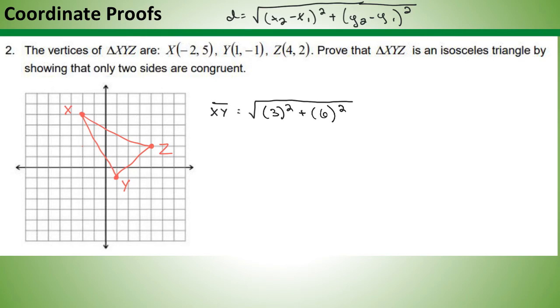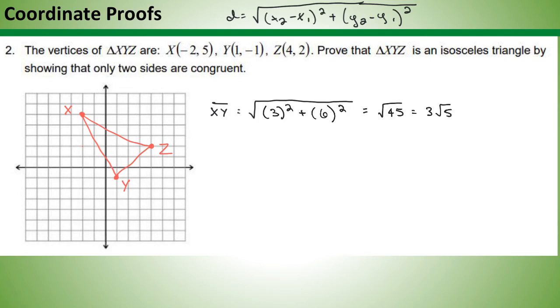It doesn't matter if I put a positive 6 or a negative 6 there, because when I square it, that negative goes away. So 3 squared is 9, and 6 squared is 36. So 9 plus 36 is going to be root 45, and that actually simplifies to 3 root 5. So that's our length of XY.